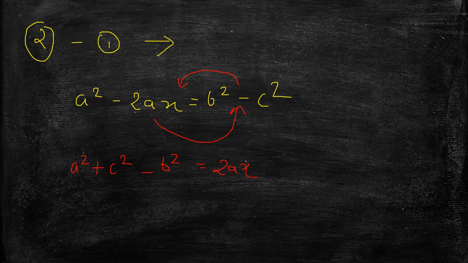Okay, now here I will transfer this 2a into the denominator to get x equal to a square plus c square minus b square upon 2a.